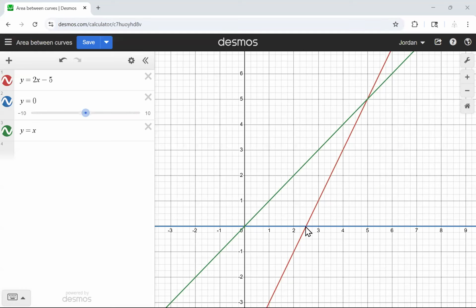So I split this up at an x value of 2.5, and part of my integration is going to go from 0 to 2.5, and then the second part of my integration is going to go from 2.5 up to 5. And I have to do that because the curve which is on top and bottom changes at an x value of 2.5.